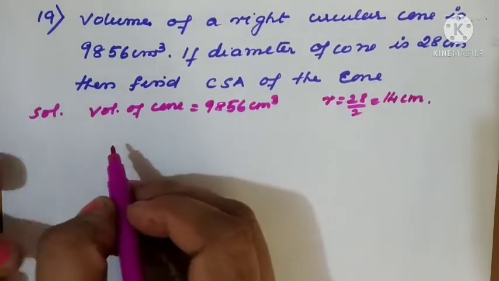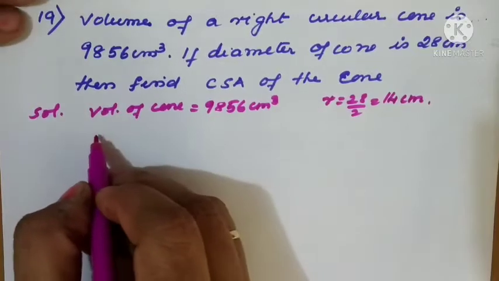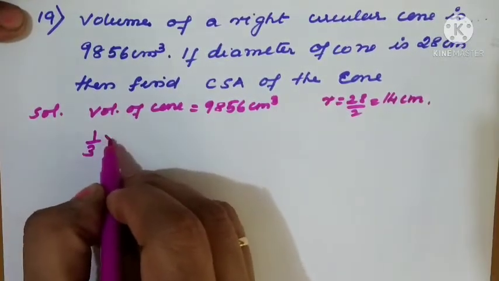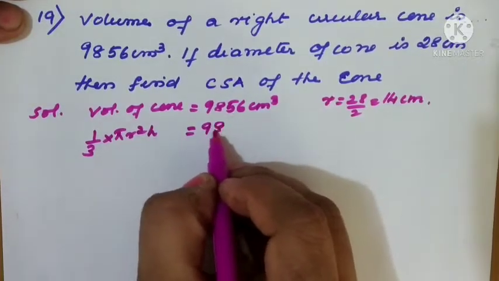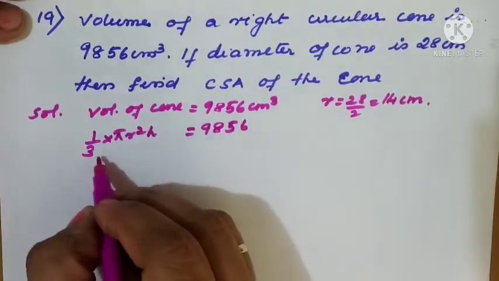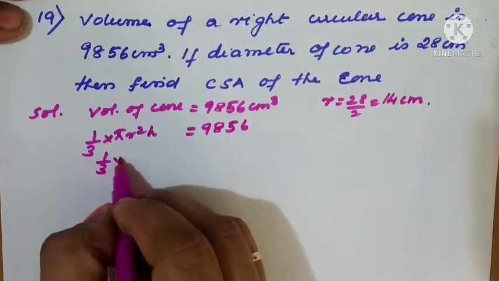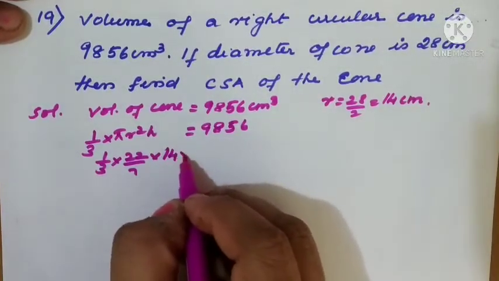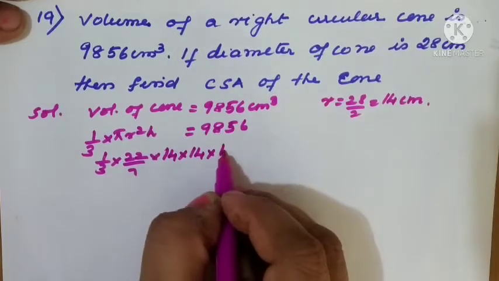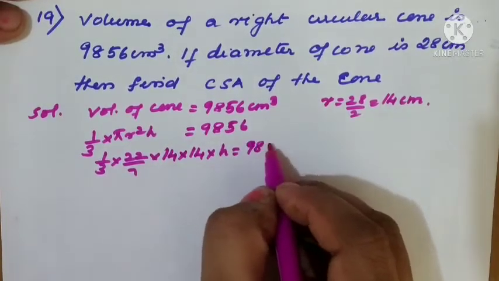What is the volume of the cone formula? 1 by 3 pi r square h. So 1 by 3 into pi r square h is equal to 9856. 1 by 3 into 22 by 7 into r square, that means 14 into 14, into h equal to 9856.